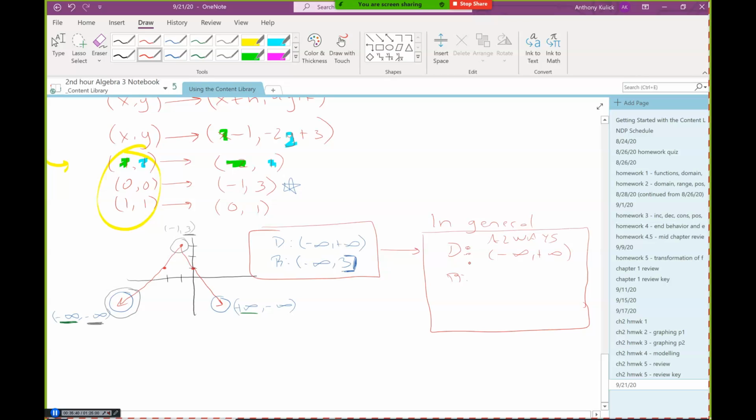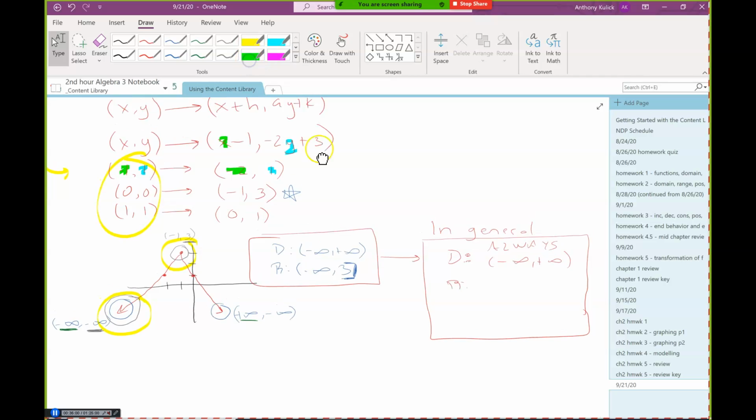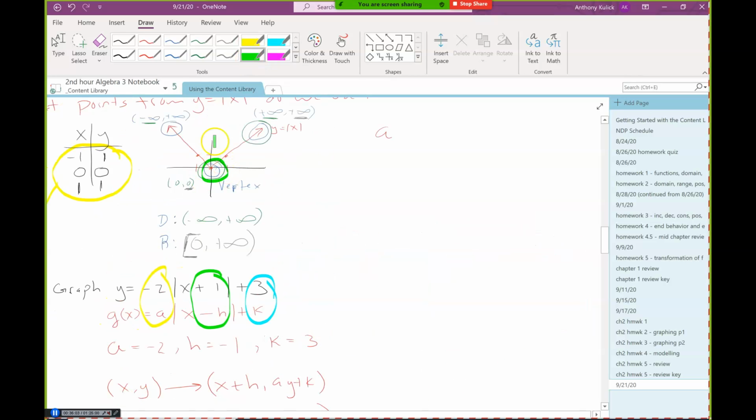Now let's think about the range. So we've looked at 2 of these, correct? We've had 2 options. Either we've gone from the lowest point to the vertex, or we went from... Do you agree with that? Okay. So how do we know when the graph is going to be pointing up like a V or down like a wedge?